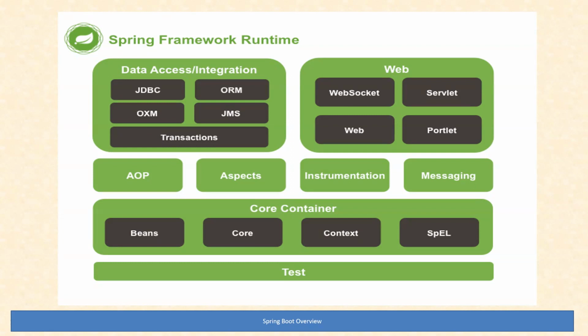And we have test also, so test driven development, TDD, is possible with Spring. And we have the provision to write test cases as part of our application itself. So these are the core components of the Spring framework, briefly. All of them we are going to use as part of our sessions.